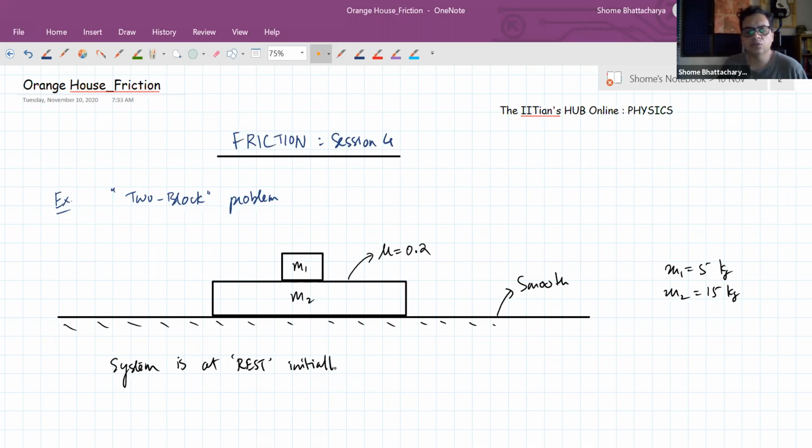If we start pushing the lower block with a certain amount of force horizontally, we have to find out what kind of acceleration the system will have. That is, what kind of acceleration individually the blocks M1 and M2 will have if we start pushing this with a certain external horizontal force. So find the accelerations of the blocks.